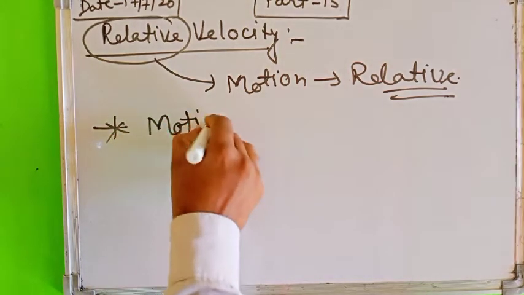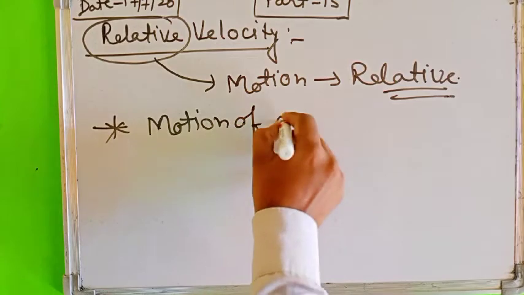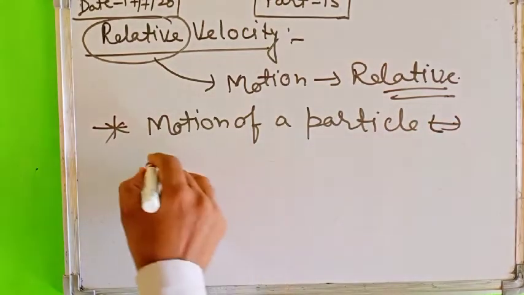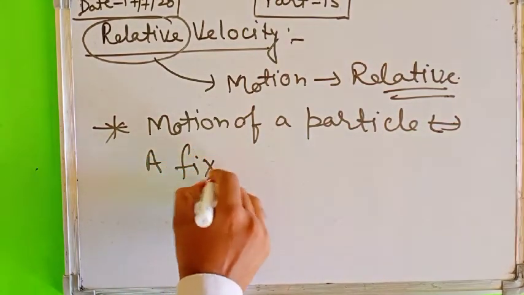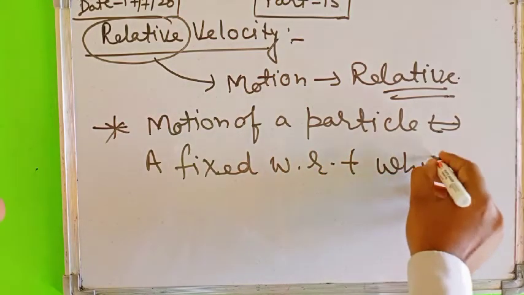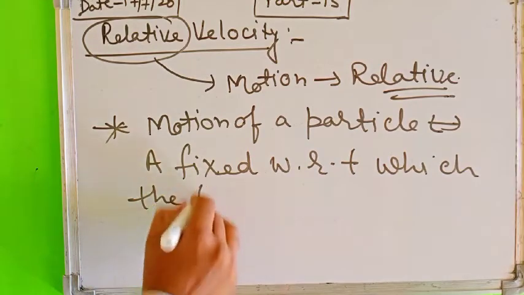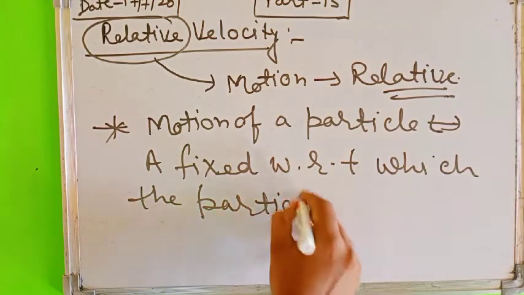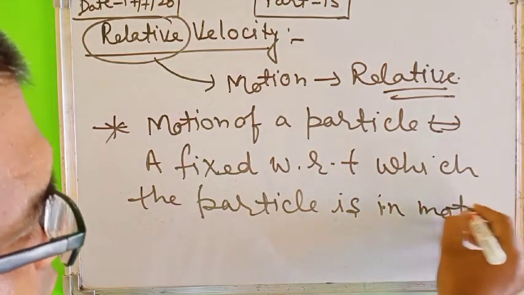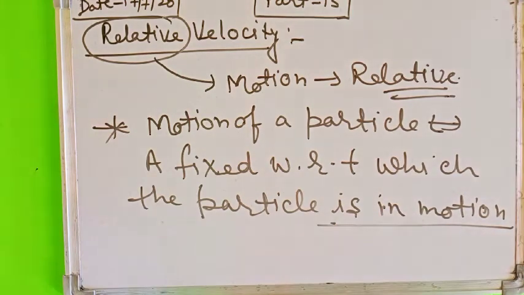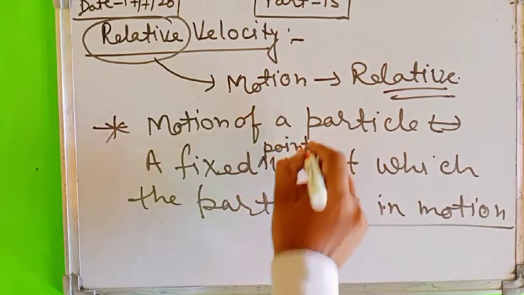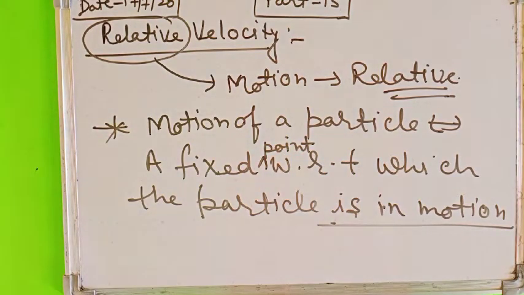Motion of a particle means a fixed point with respect to which the particle is in motion.